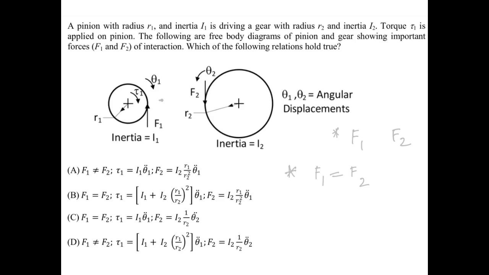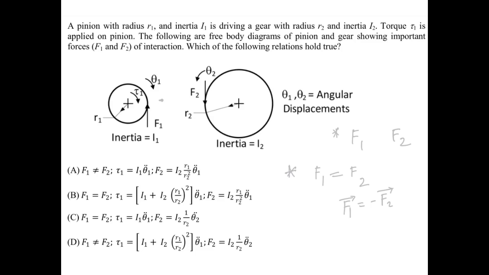Here you have to pay attention. This is not a vectorial representation. In vector form it should have been F1 vector equals minus F2 vector. But the direction is already shown in the figure. So F1 and F2 are basically the magnitudes of these forces, because the direction sense is already taken care of by the arrows. One is pointing upwards and the other is pointing downwards.